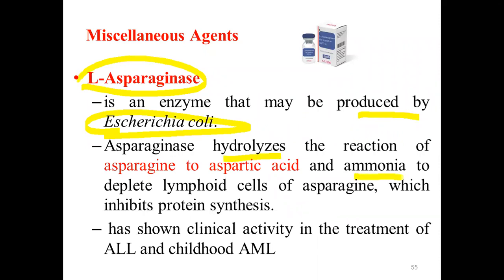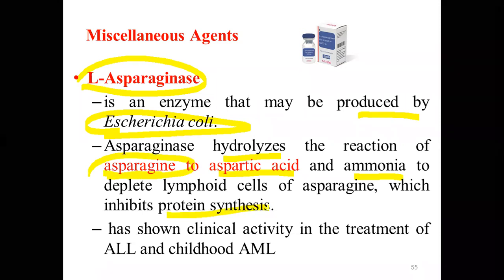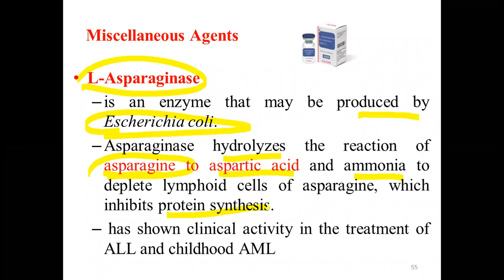So remember, by promoting this conversion, by promoting asparagine to aspartic acid, it normally depletes the most important component for protein synthesis in the lymphoid cell. So it deprives or depletes the amount of asparagine, which is important for protein synthesis of lymphoid cell.